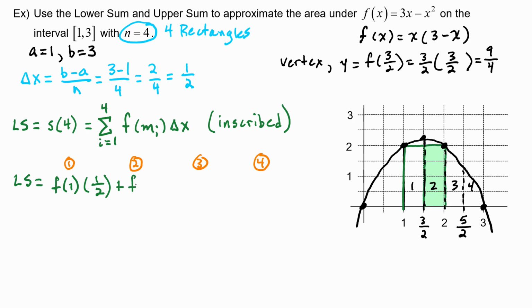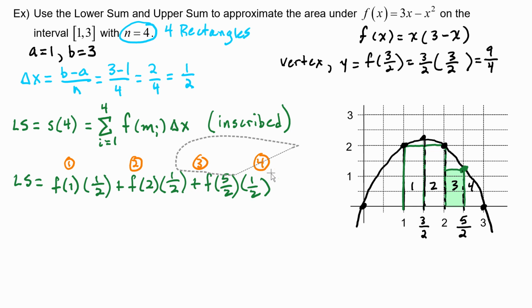So that will be f of 2 times delta x, which is 1/2, plus region 3, we will choose the right endpoint, x equals 5/2, and that will give us this inscribed rectangle here, times 1/2.